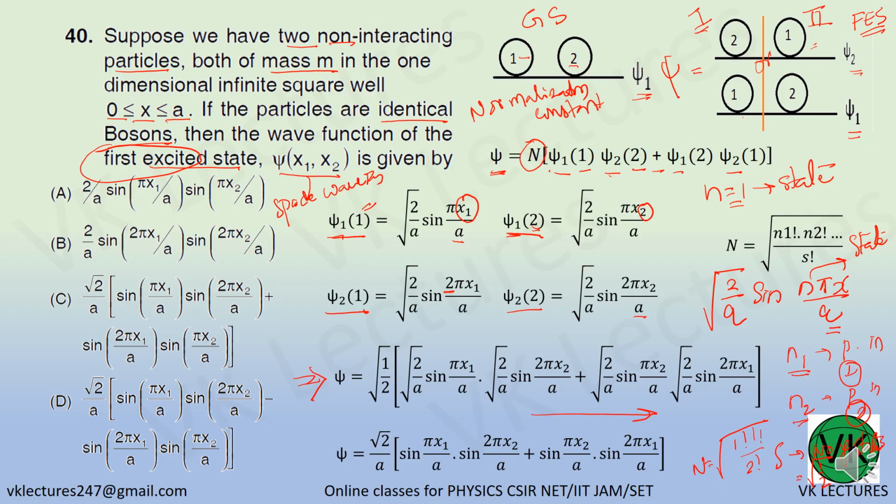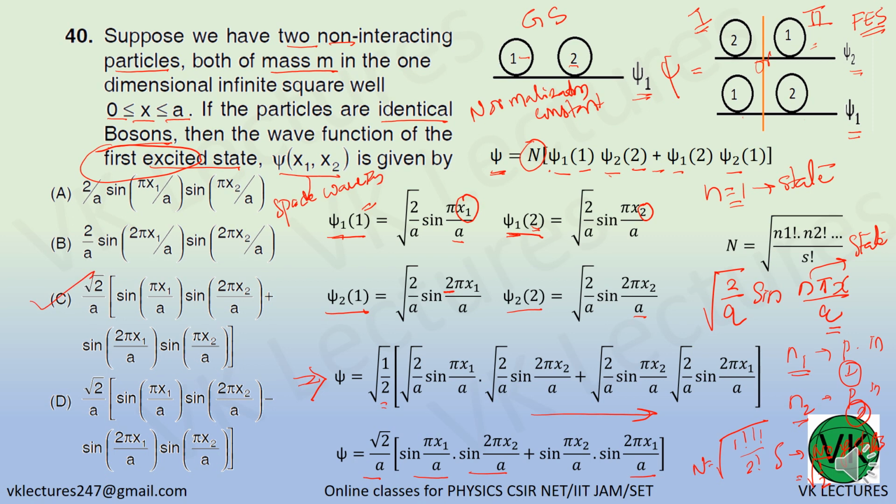Bring it outside, and when multiplied by 1 by under root 2, it will become under root 2 by a into [sine pi x1 by a into sine 2 pi x2 by a plus sine pi x2 by a into sine 2 pi x1 by a]. So your answer is option C.